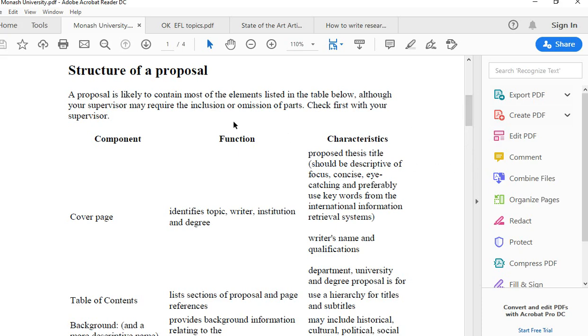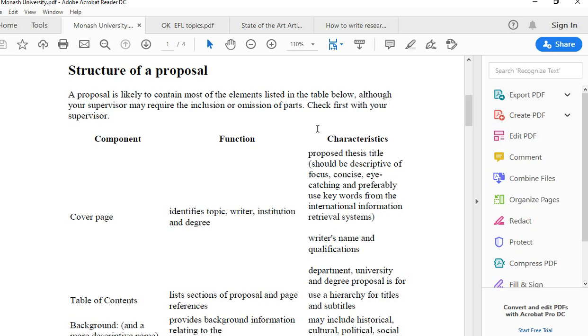A proposal is likely to contain most of the elements listed in the table below, although your supervisor may require the inclusion or omission of some parts. I said that basically it consists of those three sections and those subsections mentioned before, but some supervisors or some institutes or universities have different formats.